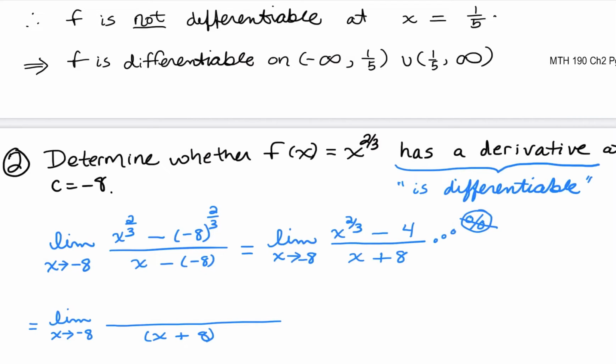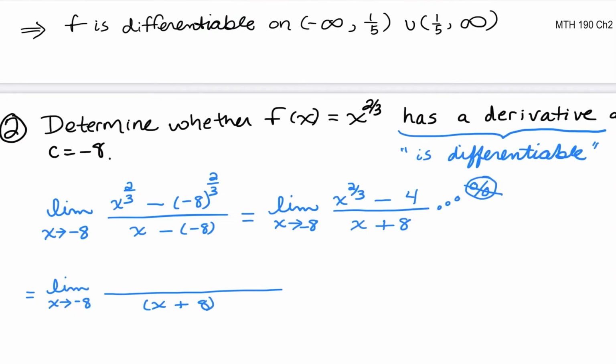Well, in terms of factoring, x is just x to the first power. 8 does kind of look like a cube. And so 8 I could think of as 2 cubed.